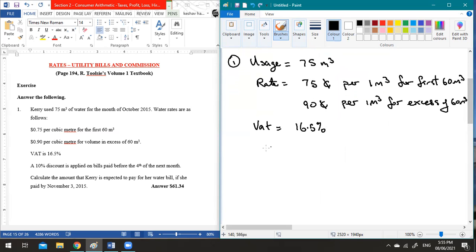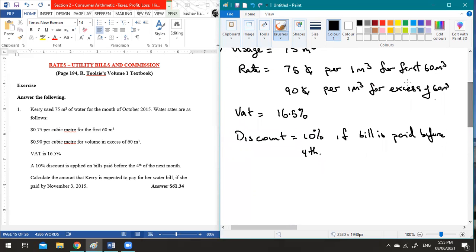There's all this information that we're given, right? Calculate the amount that Kerry is expected to pay for her water bill if paid on November the 2nd.